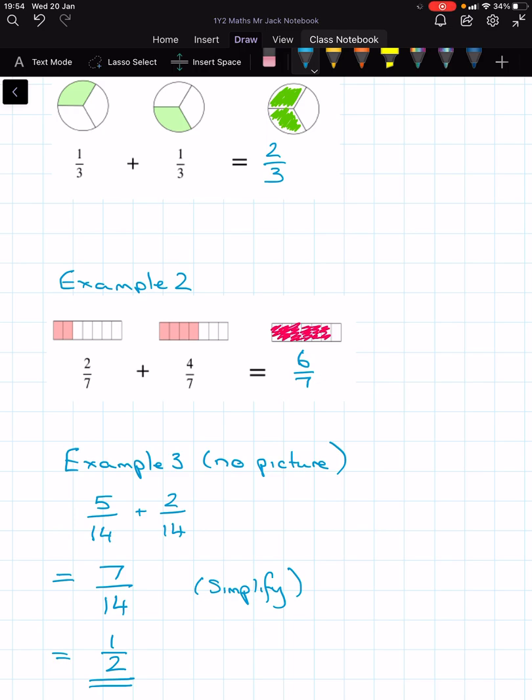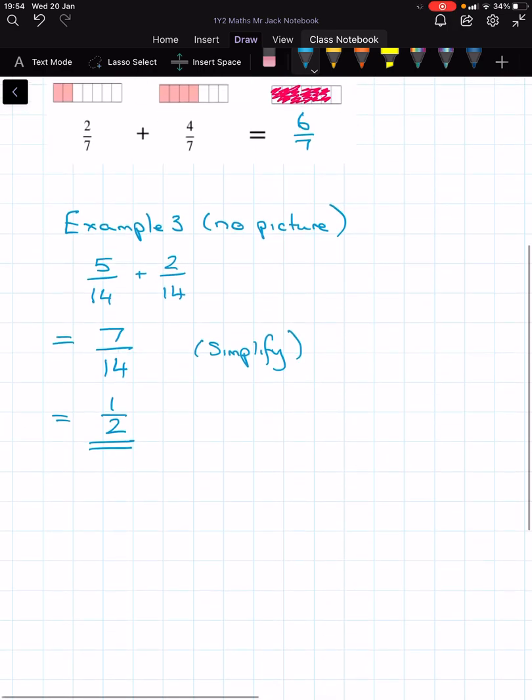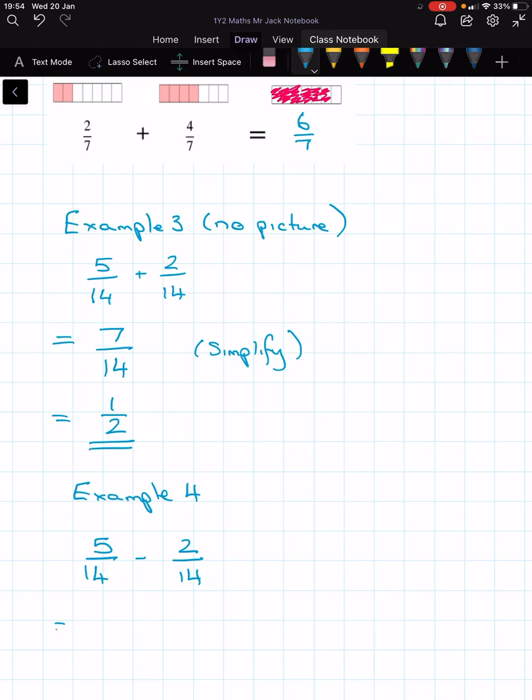If it's subtraction, we obviously take the two numbers away. So let's do an example 4. Why don't we make it 5/14? Take away 2/14 this time. So instead of adding, we're going to subtract.